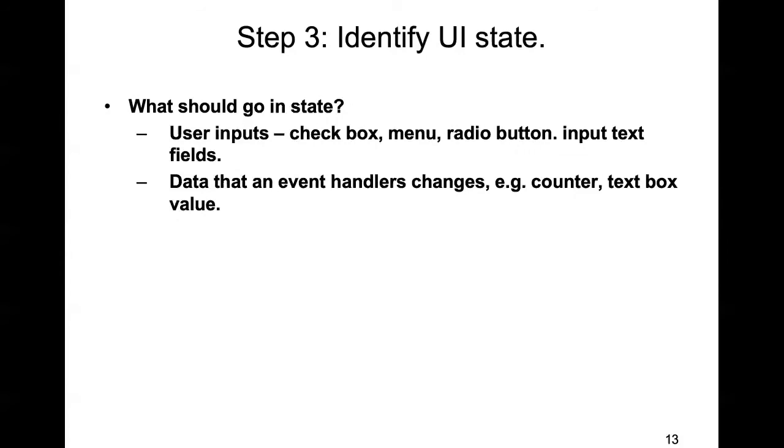Anywhere there's user input in your UI, then that user input will be linked to a state variable for some component. Again, remember now at step 3, we're not concerned with linking the state to a particular component. All we're interested in is identifying where there is state within our UI layout.